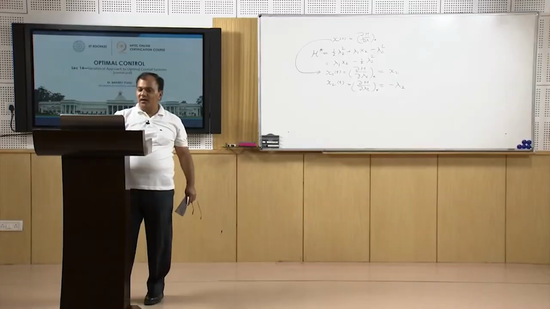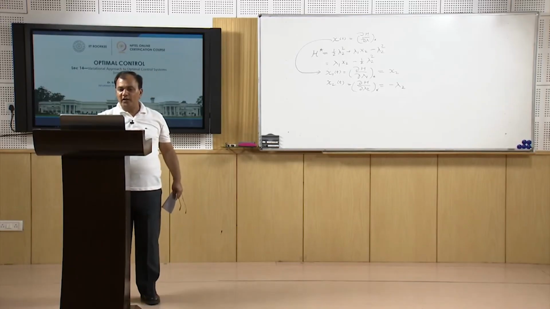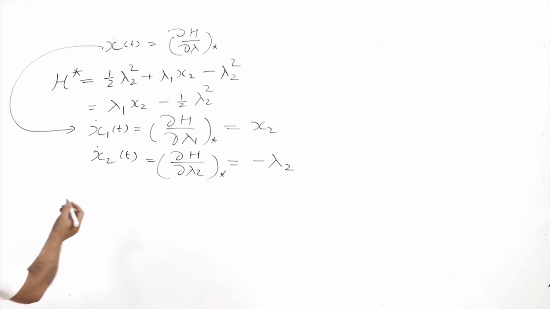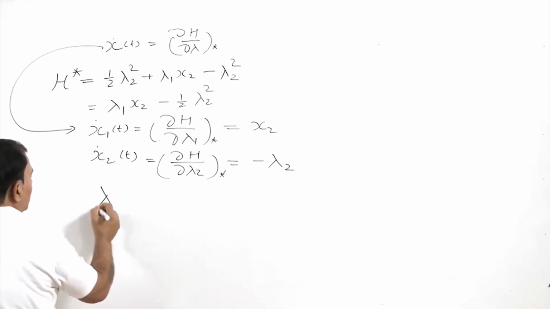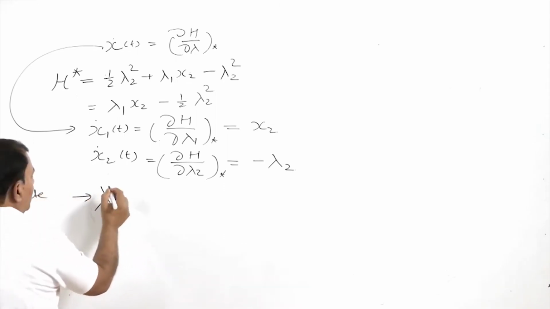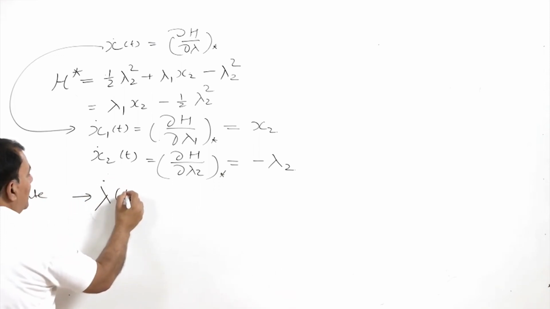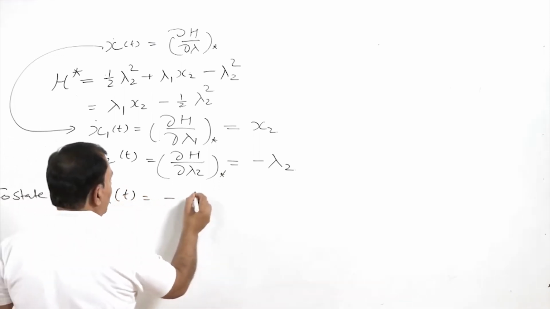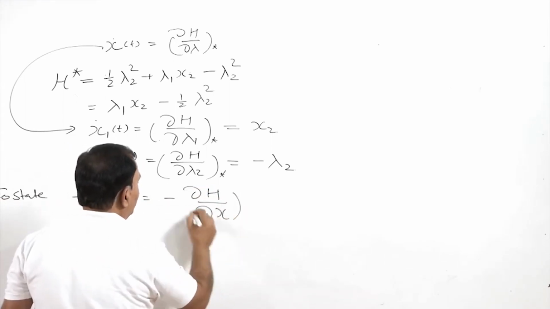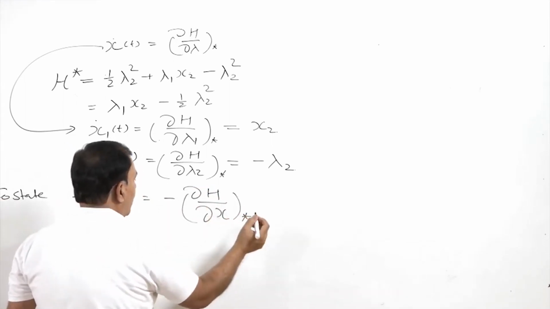Now we write the co-state equation as lambda dot t equals minus del h by del x for the optimal value.